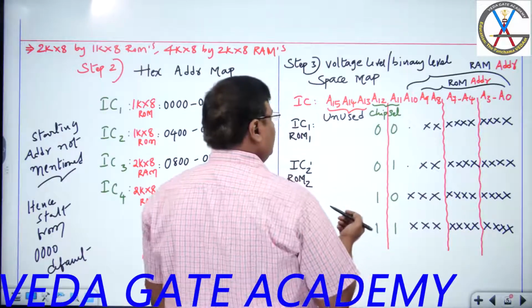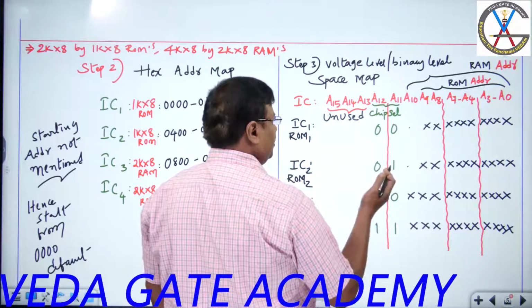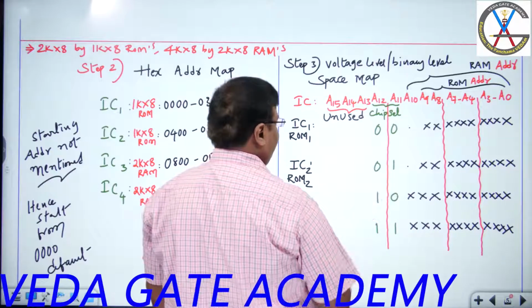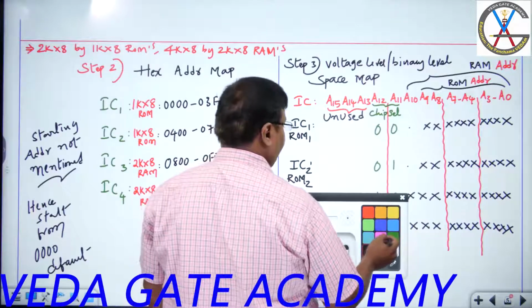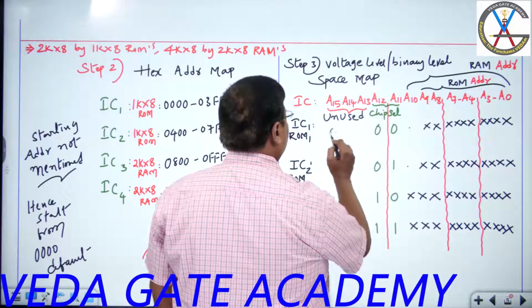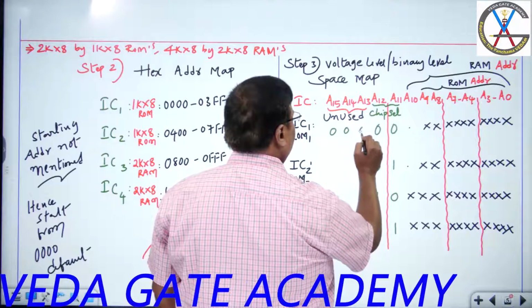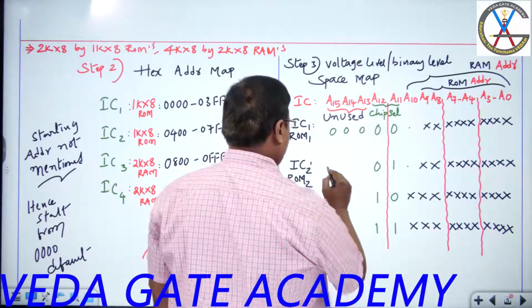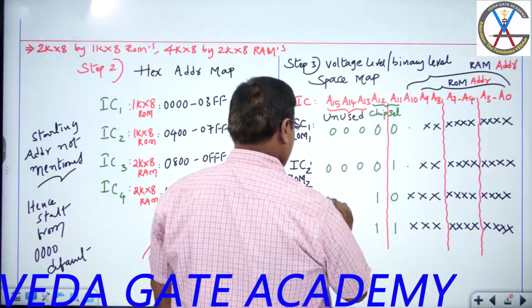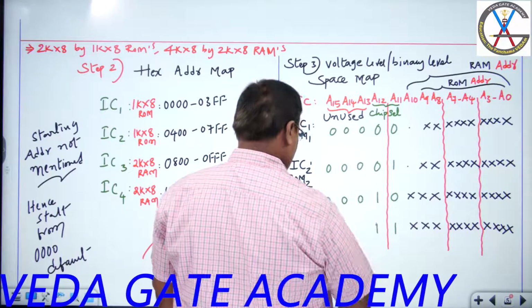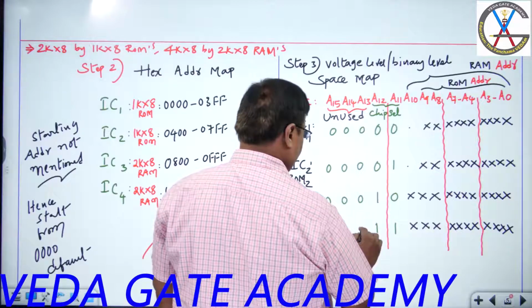So, assume starting address I want 0000, ending address I want 03FF. That's what the issue, right? So anyhow, place these as zeros. Unused always zeros.